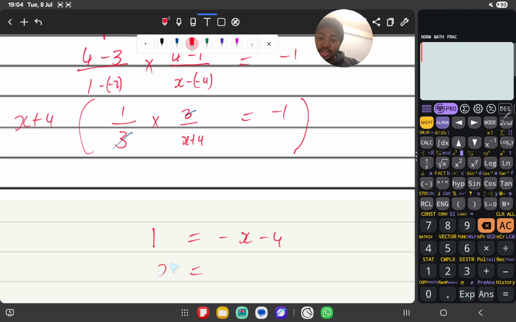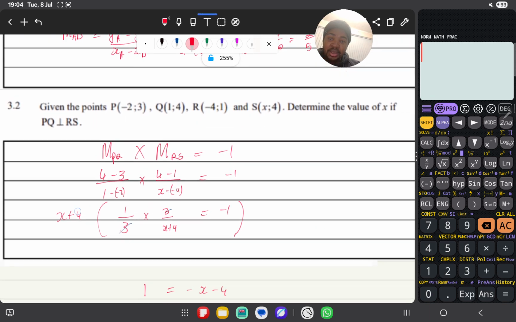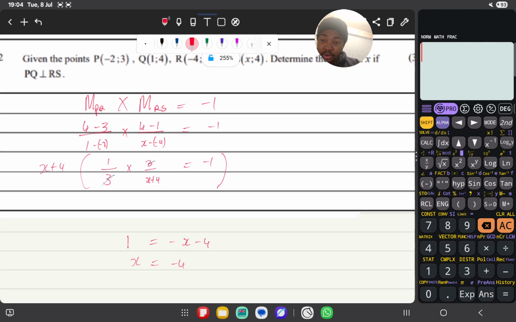We transpose x, therefore x equals -4. Right? And if we do that, from this workout, we can tell the gradient of PQ. This is the gradient of PQ. As for the gradient of RS, it will be something like this. You have 4 minus 1, and then you have -4.